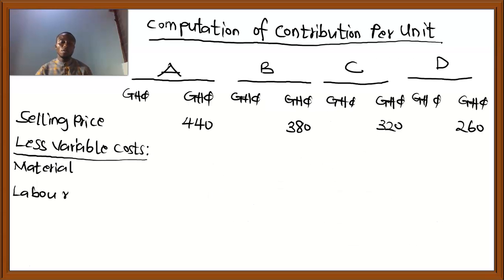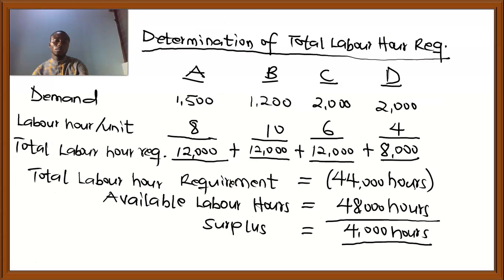So in respect of material for table A, we have 100. For table B, we have 80. For table C, we have 100. And for table D, we have 120. Then let's go and look at our labor cost.